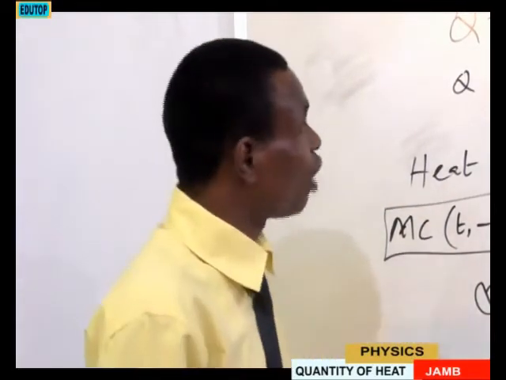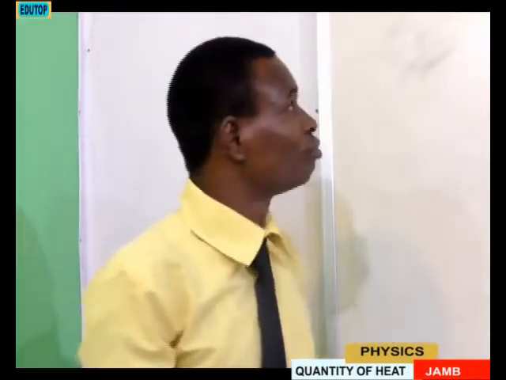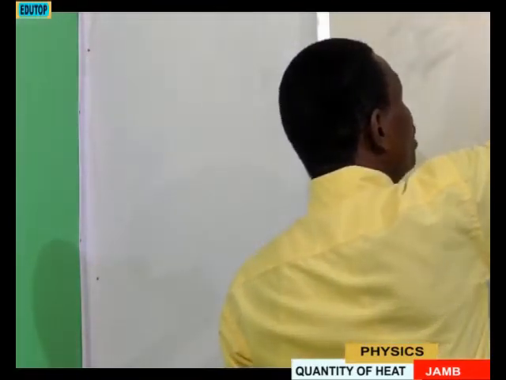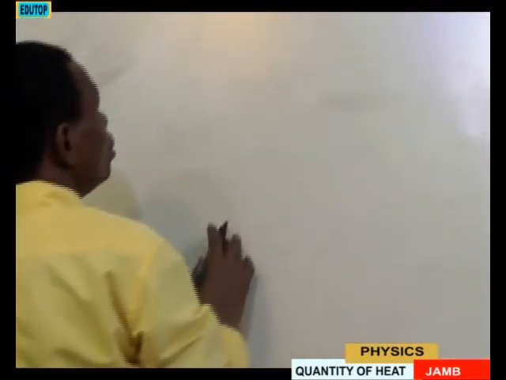Then we are going to solve the following question. Question number 1. Calculate the temperature change when 500 joule of heat is supplied to 100 gram of water. Specific heat capacity of water is equal to 4,200 joule per kilogram per Kelvin. The quantity of heat Q is equal to this.